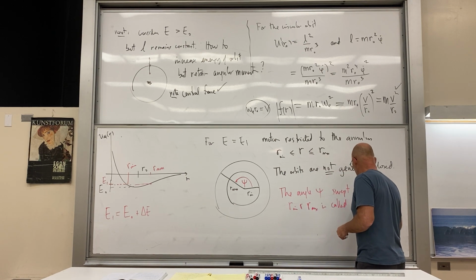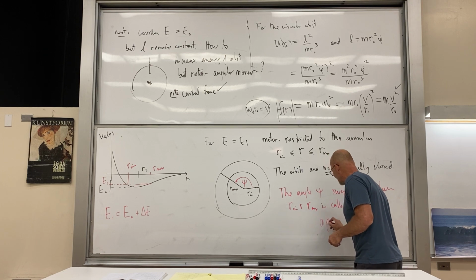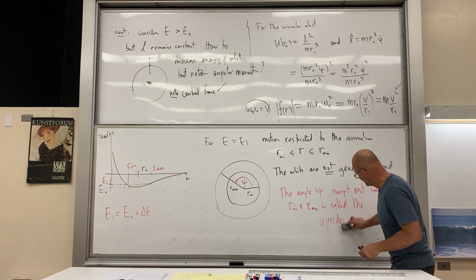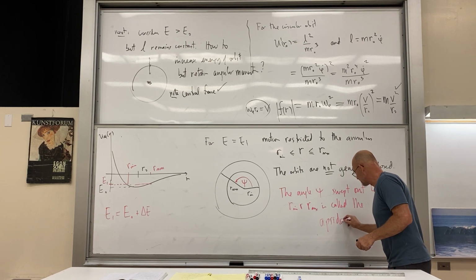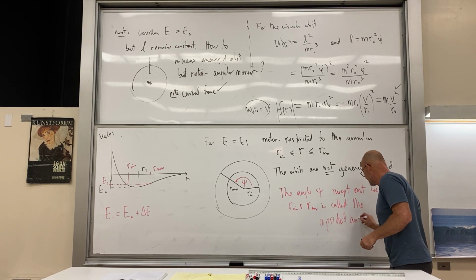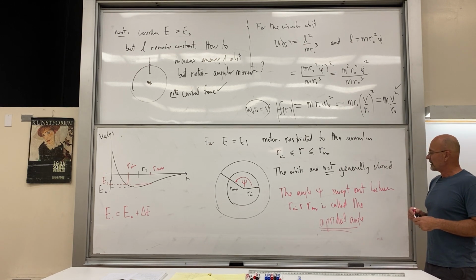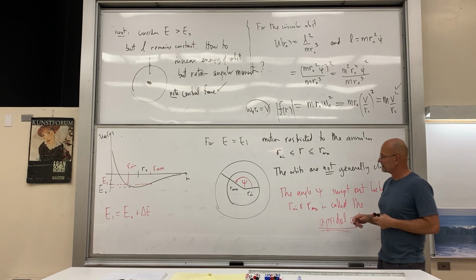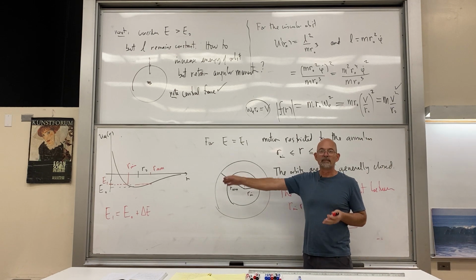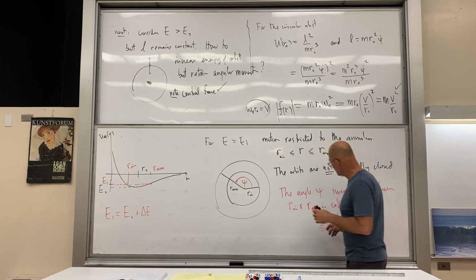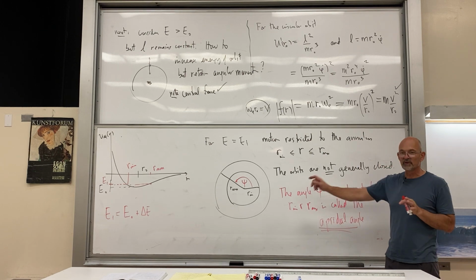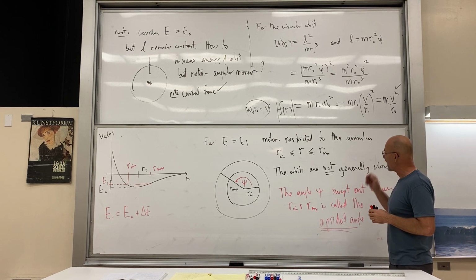It's called the apsidal angle, from the advance of the apsids. And again, for the Kepler problem, that is equal to pi. So we're going to get a general expression for this, and of course we're going to make sure the Kepler problem comes out pi as well.